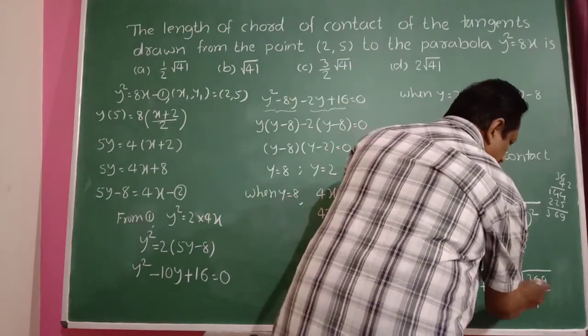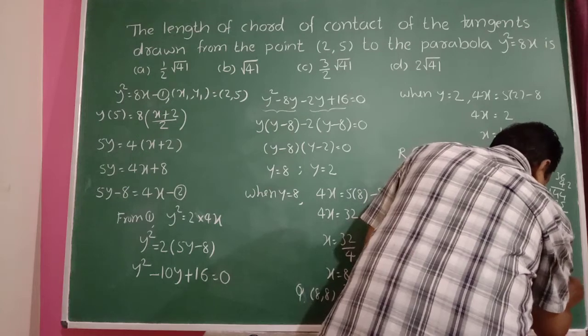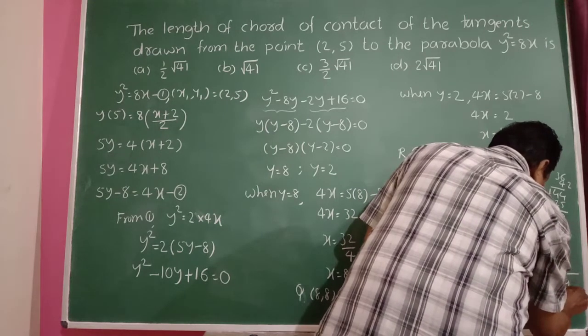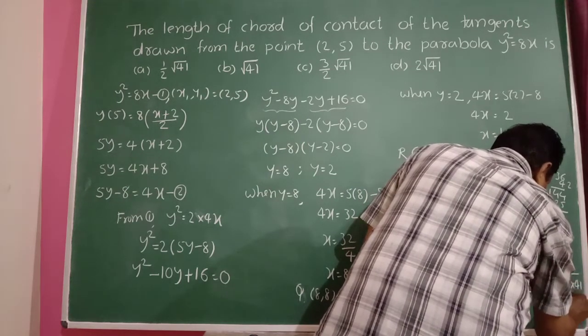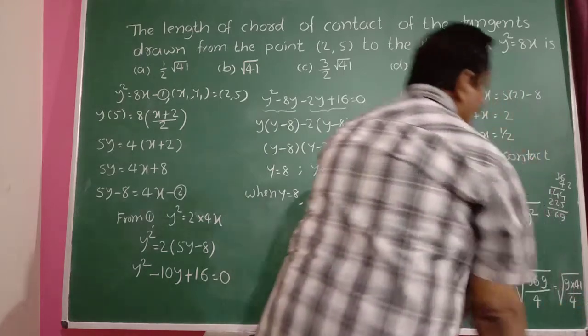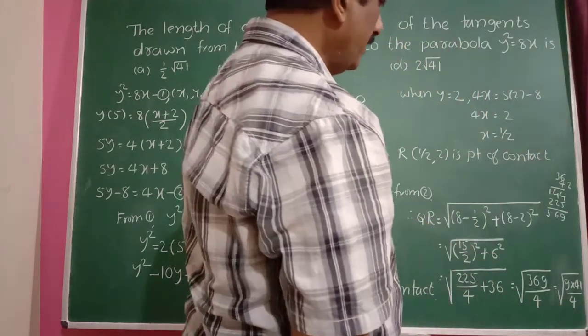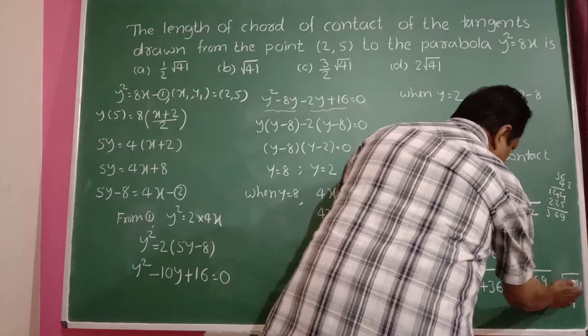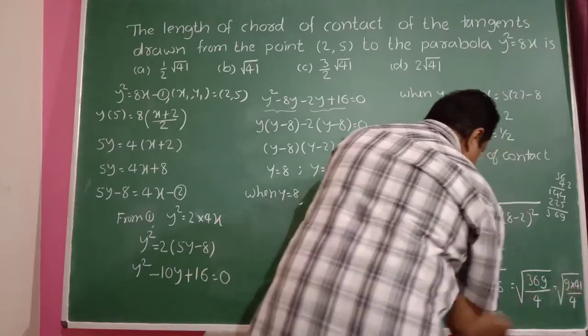So you can write root of 9 into 41 divided by 4. Then square root of 9 is 3, square root of 4 is 2.